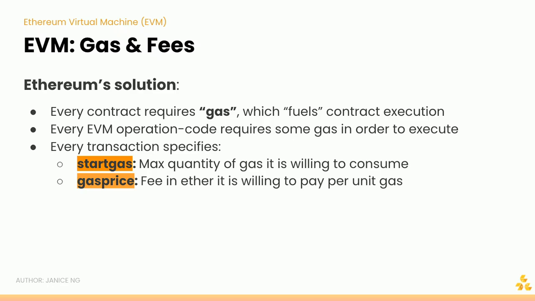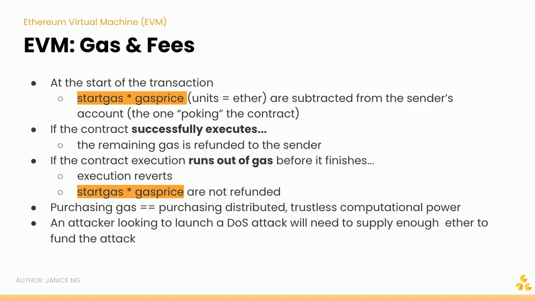Every EVM operation code requires some gas in order to execute, and there are two components to it. We have our start gas, which is the maximum quantity of gas that it's willing to consume, and we have our gas price, which is the fee in Ether, the native currency, that it is willing to pay per unit of gas. This is just a little bit of the timeline of how it works with each transaction.